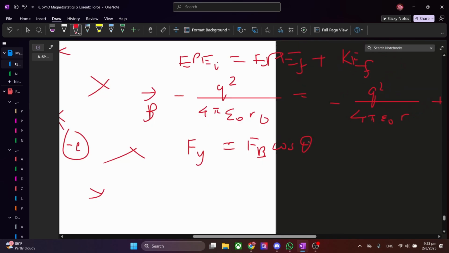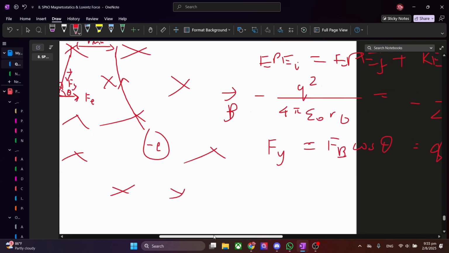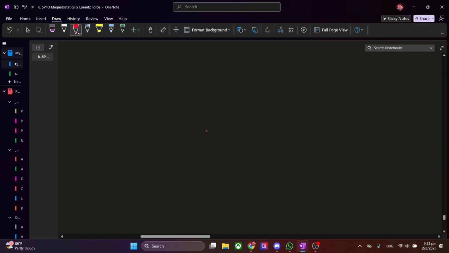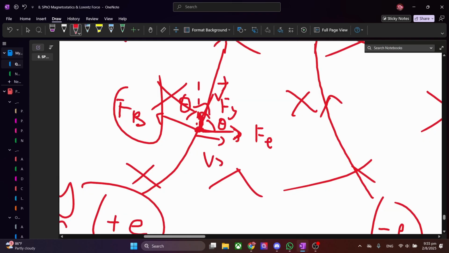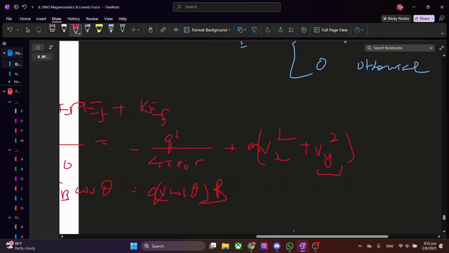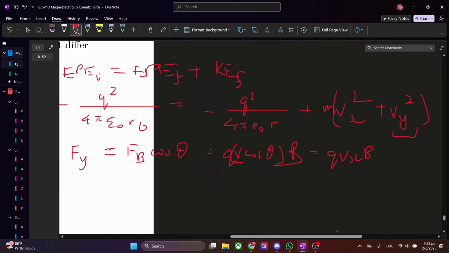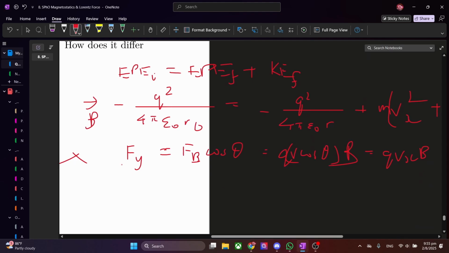And this is just going to be QV cos theta B. And what's V cos theta? Again, we have this relation here: V cos theta is just Vx. So this is actually just QVxB. And actually we're very close now, because this Fy is just m ay by Newton's second law.